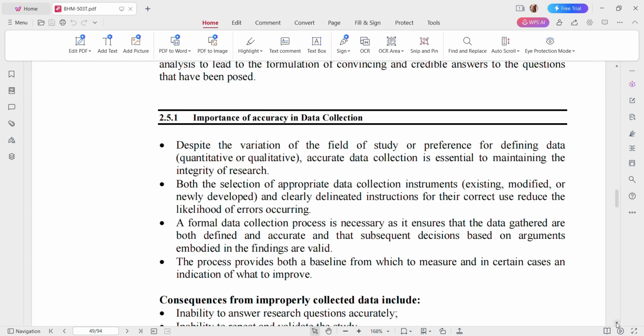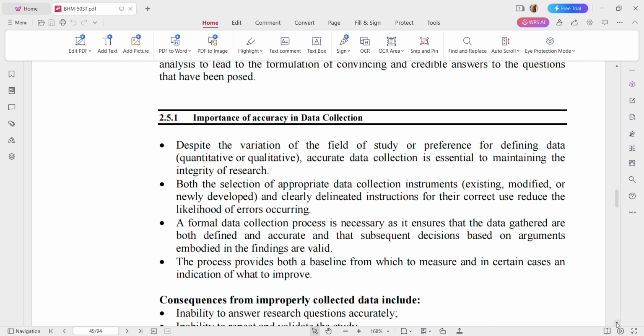So wag nating madaliin yung collect natin ng data kasi napakahalaga nito na process. If there are errors and there's question in how you collected the data, then uulitin mo lahat. Kasi magkakaroon siya ng bias, magkakaroon siya ng issue ngayon sa results, no? So it will be a waste of time.